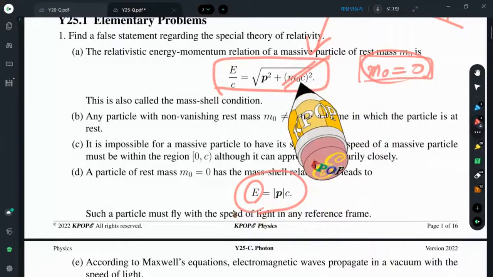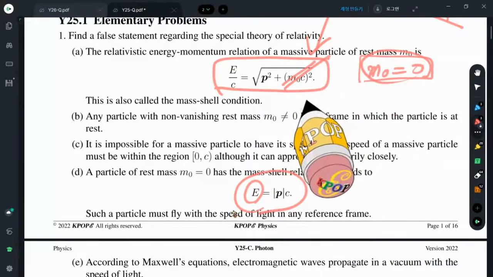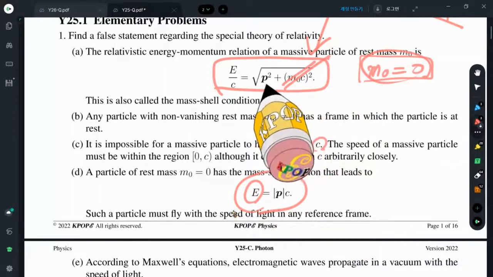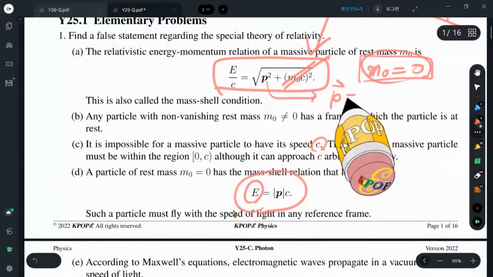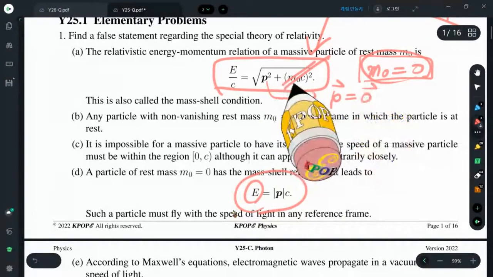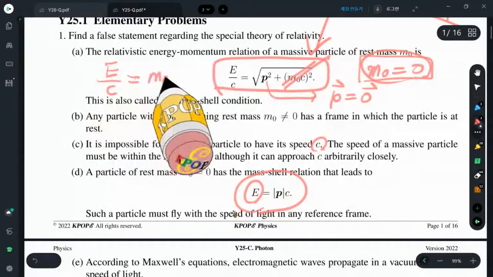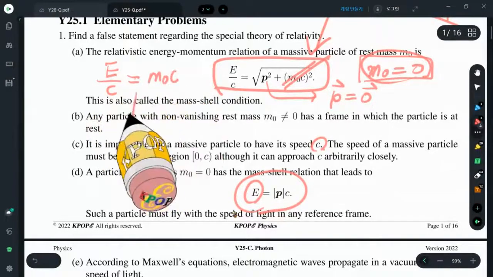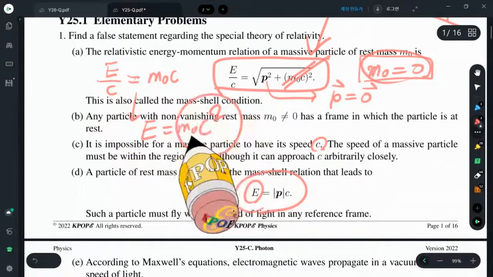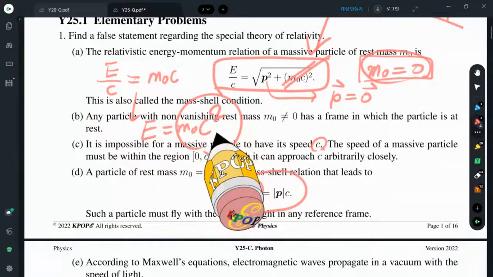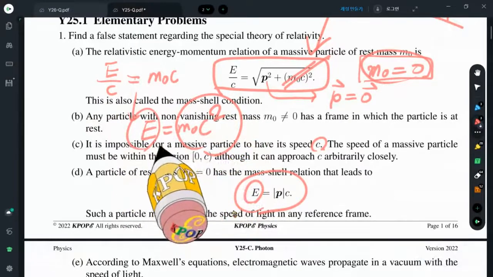But in case we have a massive particle, then there should be a rest frame in which momentum p can be 0. In that frame, we reach E over c equals m0c, and this gives E equals m0c squared. Rest mass multiplied by the speed of light squared is the energy of the particle, and that is the rest energy.